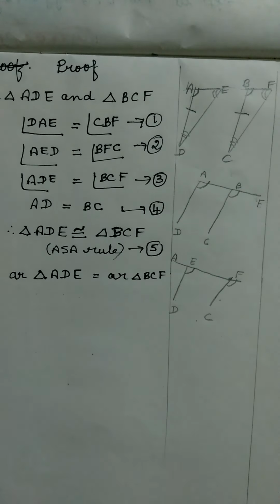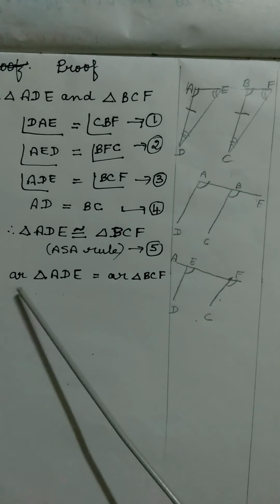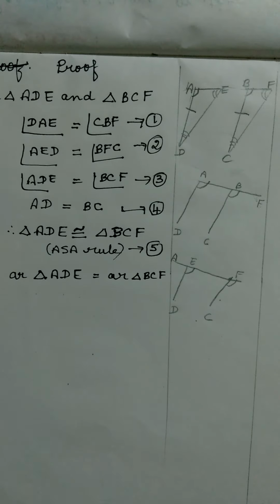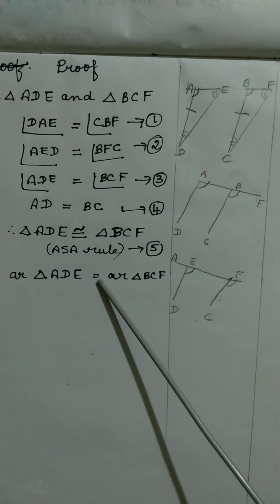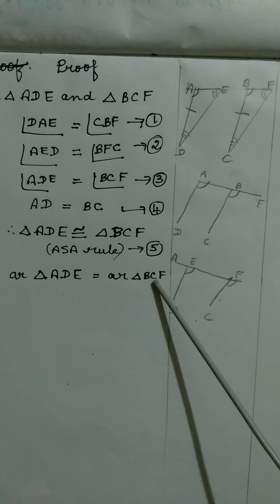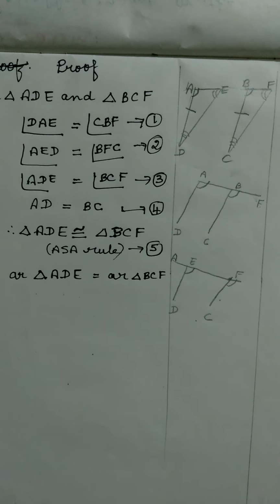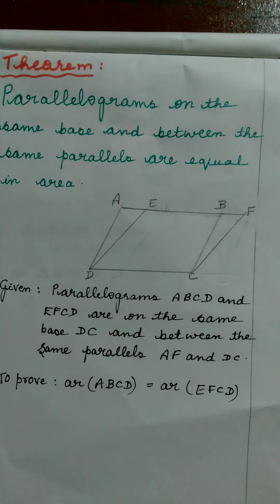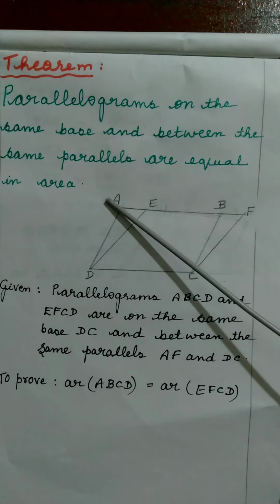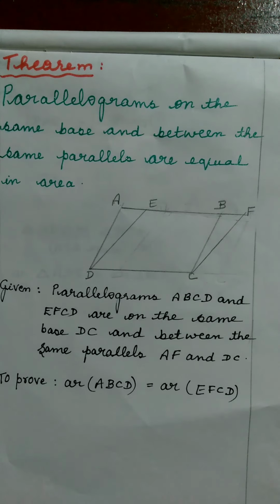In the next step, we will write area, represented by AR. Area of triangle ADE is equal to area of triangle BCF. In the next step, to prove this theorem statement, let us consider the area of parallelogram ABCD.